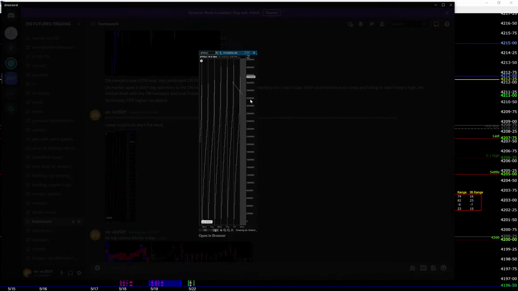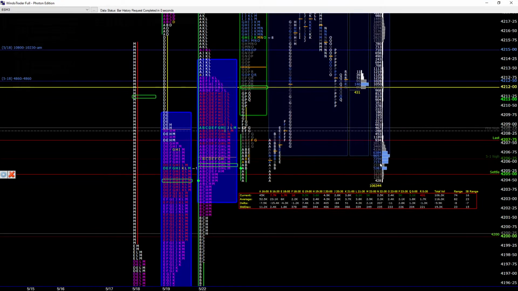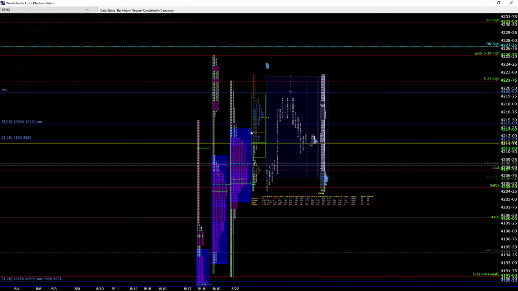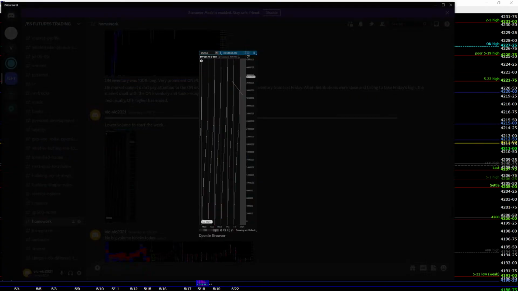Today's volume was way lower than Friday. Very low volume here. You know, prices are high, and volume just dry. There's no volume there. Right? Can you see here? No volume here.